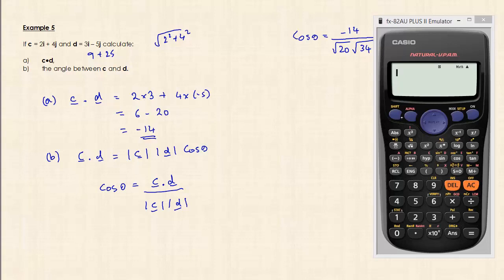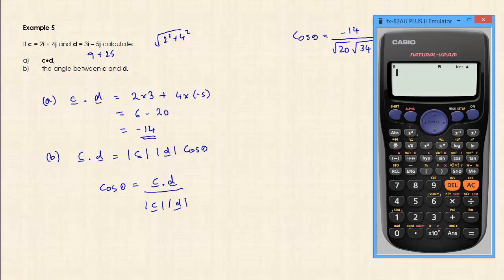So we just need to calculate the angle. We want the inverse cosine of negative 14 divided by the square root of 20 multiplied by the square root of 34.